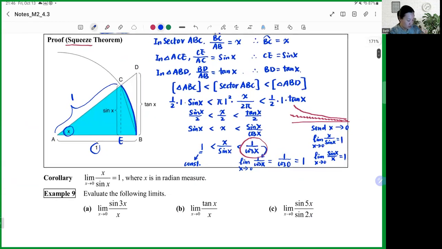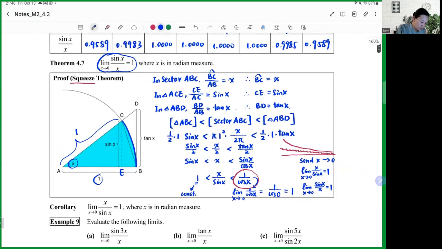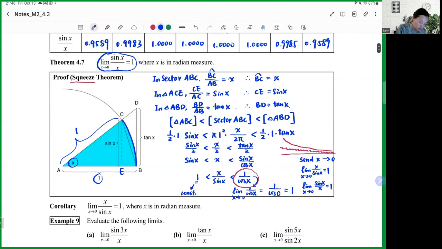Besides this special limit, we also have this equivalent special limit. I cannot say which one is more special. They are just the same. Sine x over x, they're very close, and x divided by sine x also equals 1.